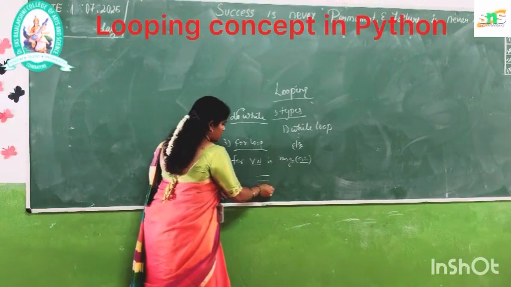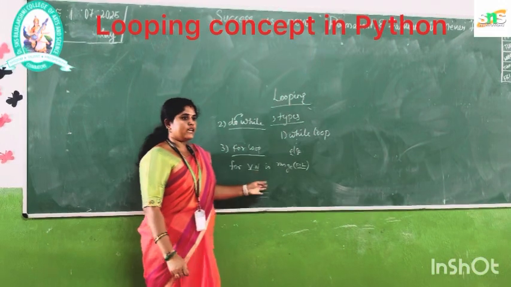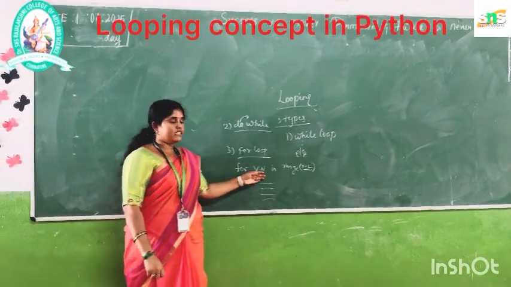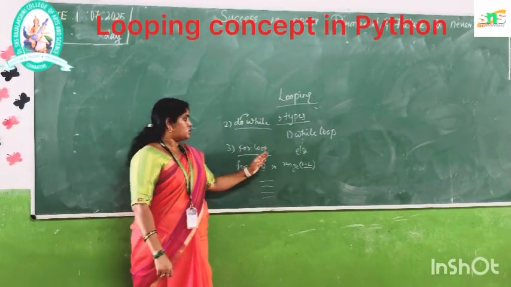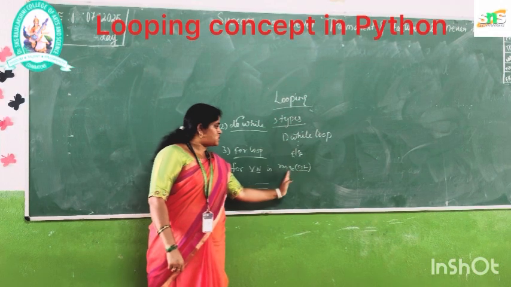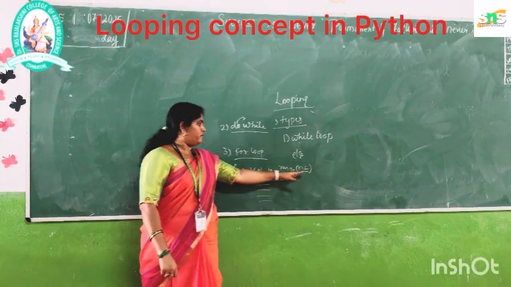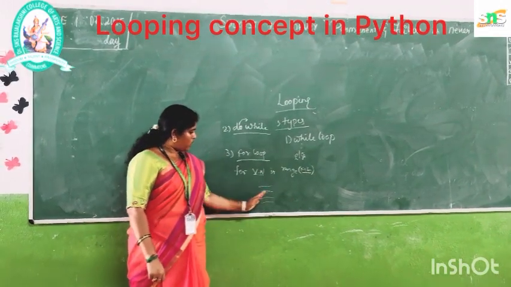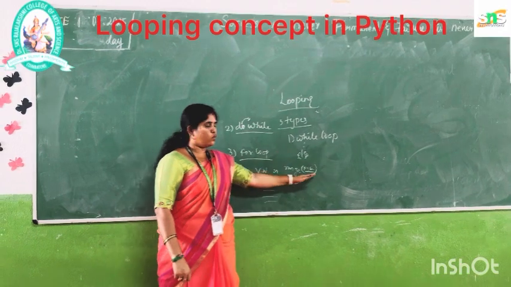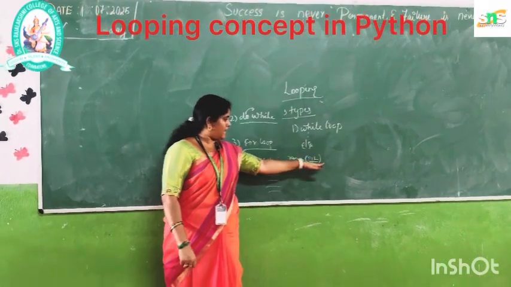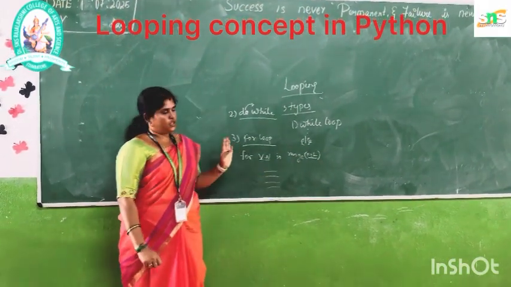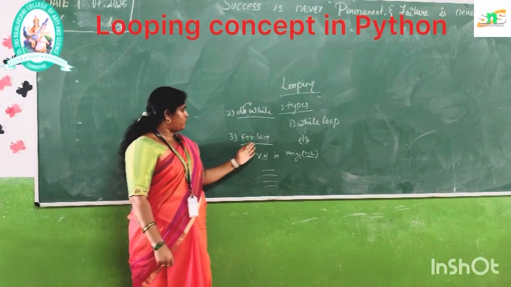Here we need to specify the code. We don't check a condition here. We just move from the first value to the last value, doing all the process for each, until the last element. That is the concept of the for loop.